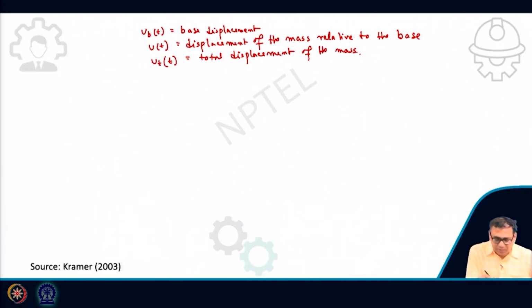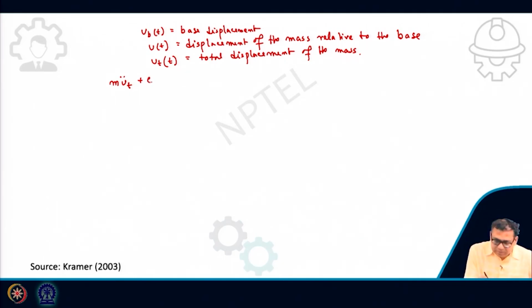So, if we write in that way, then I can write m times the total acceleration, this is the inertial force, so this will be m u_t double dot. Sometimes I write u_t(t) or sometimes u_t, both are the same, it's a function of t. Then for the other two cases it will be only the relative, that will be only u.